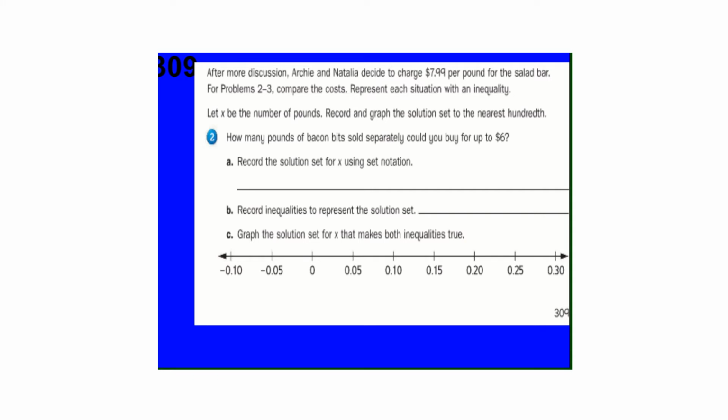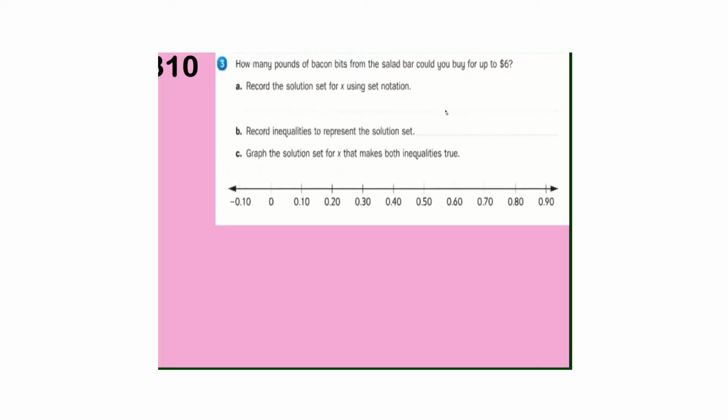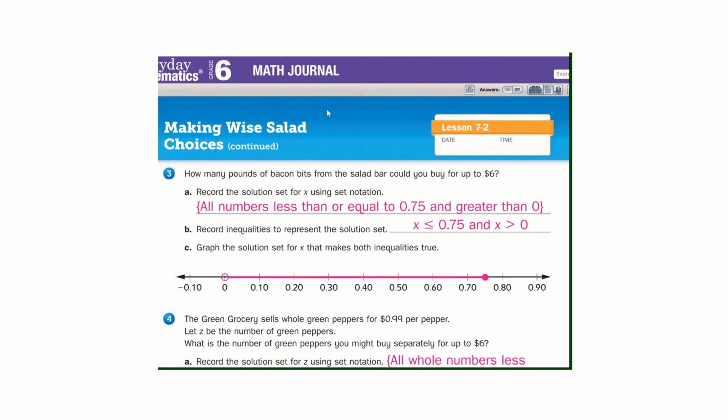So next is page 310. How many pounds of bacon bits for $6? Pause the video and go ahead and do that one. Okay, so this time we're taking our $6 divided by $7.99 because they're taking it from the salad bar this time, not the grocery store.